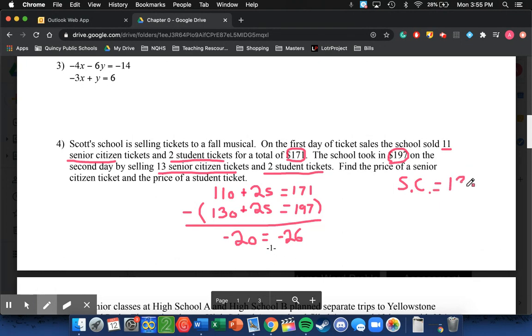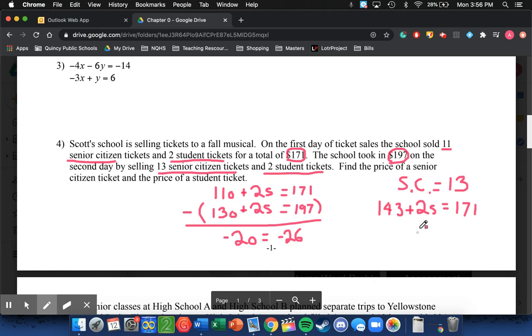And now I need to find out the cost of the student ticket, and I can do that by plugging it back in, right, to either one of these, right? So if I look at the top equation, 11 tickets at $13 each is $143. So $143 plus 2 student tickets equals that day's total, $171.